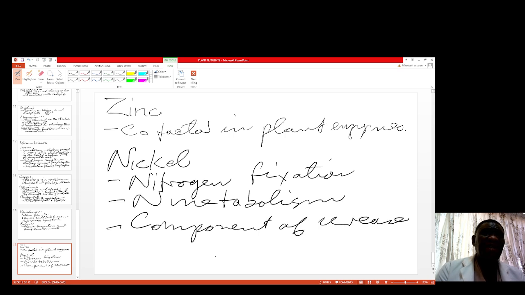Urease enzyme, I think, is involved in nitrogen fixation.